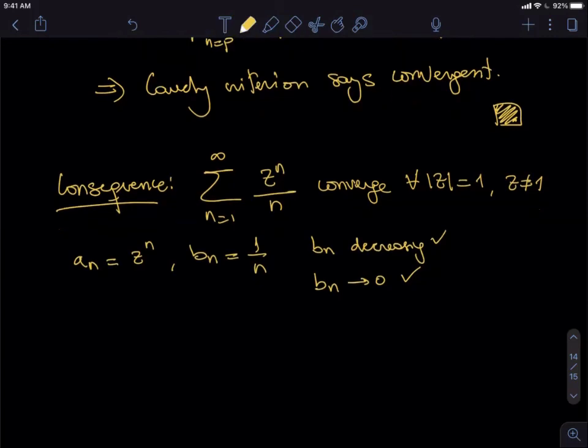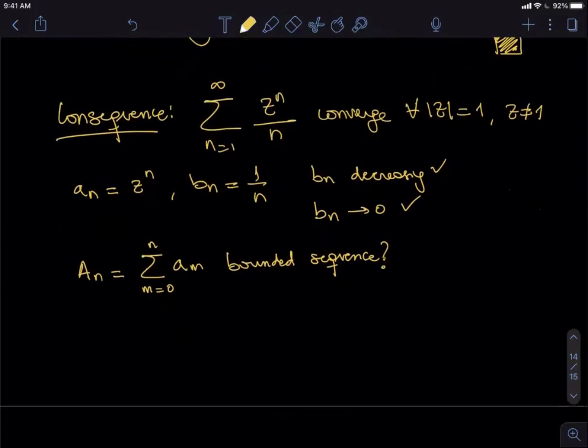We need to check that A_n, which is the sum of the a_m from m equal 0 to n, forms a bounded sequence. So let's get to it.